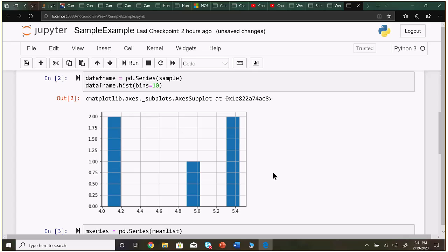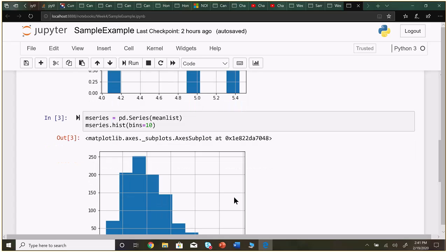Remember, there's only 5 values this time. So 2 of them had a value between 4 and 4.2, 1 of them had a value of about 5, and 2 of them had a value in the 5.4 range.